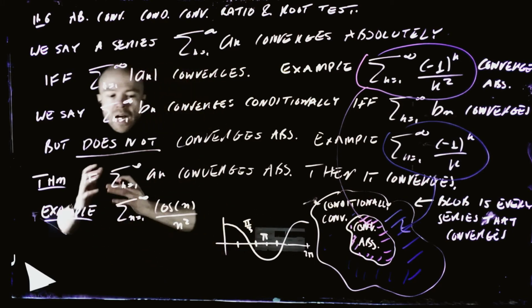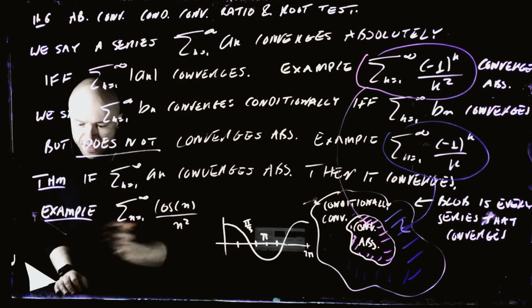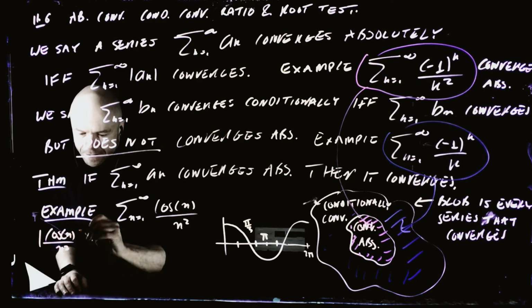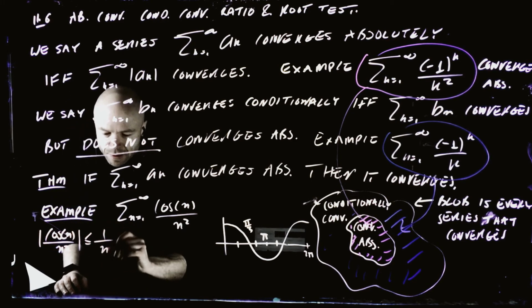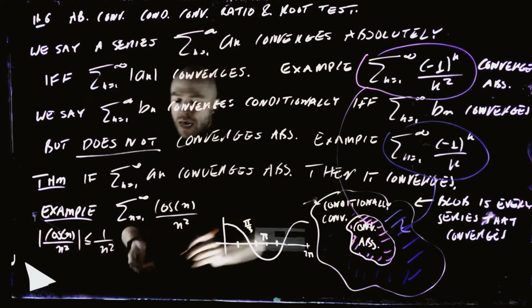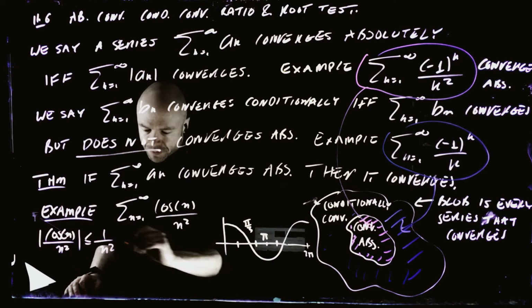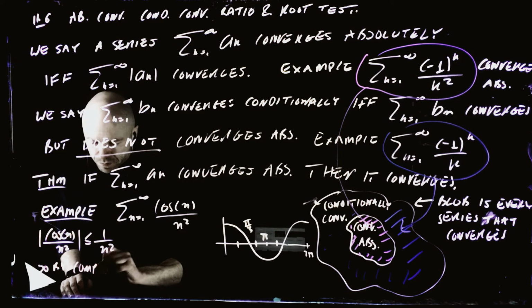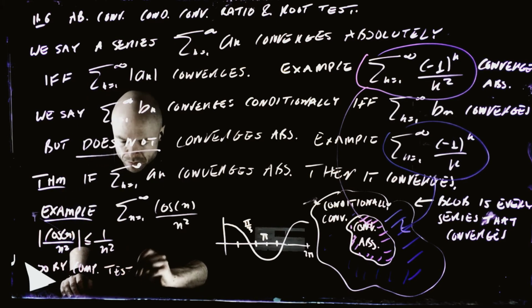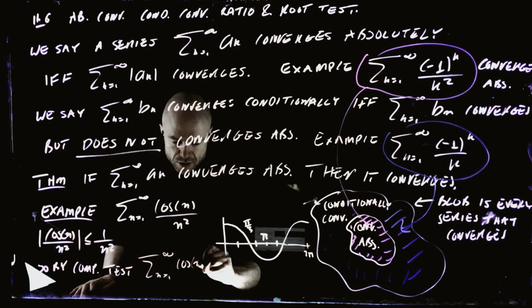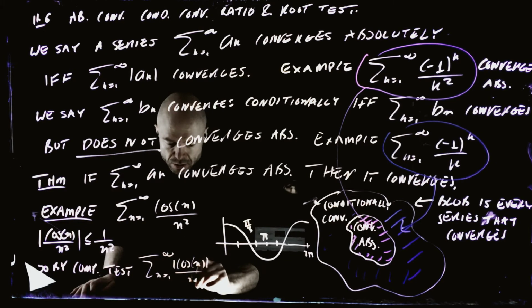However, if we take the absolute value of this thing, then this thing is indeed less than this, because cosine is always between -1 and 1, right? And this thing converges, right? By comparison test. So by comparison test, the sum n equals 1 to infinity of cosine of n over n squared converges.